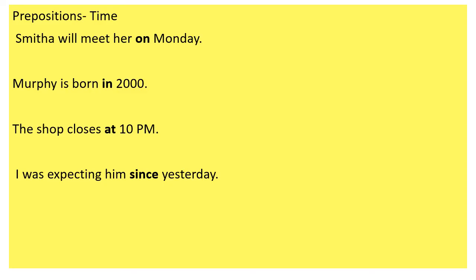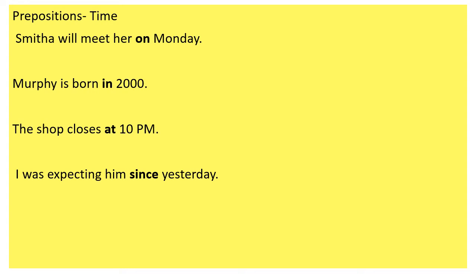By is used to indicate up to a certain time, like I'll be back by 6. Let's see the prepositions of time in sentences for further understanding. Smita will meet her on Monday. On is used to indicate the fixed date or day. Murphy was born in 2000. In indicates an indefinite and unspecific time of months, seasons, years, centuries, etc. Here it indicates the year.